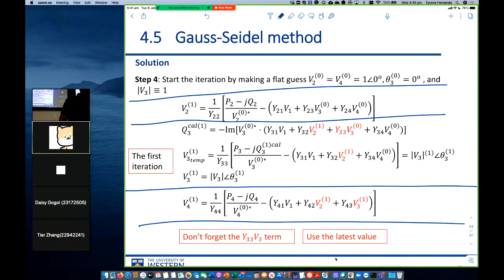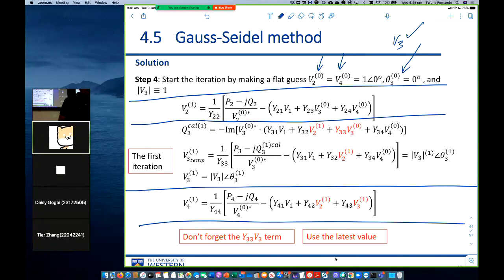That's why in our flat start we have guessed the V2 value and the V4 value, but notice that we haven't guessed the V3 value because it is known. We're going to use the exact value, not guess it. But the angle we don't know, so we guess theta 3 is 0.